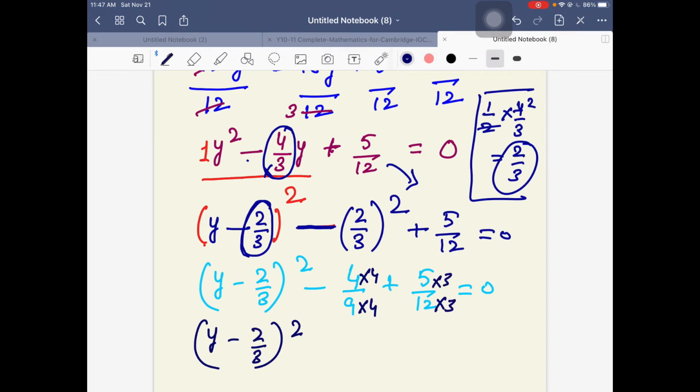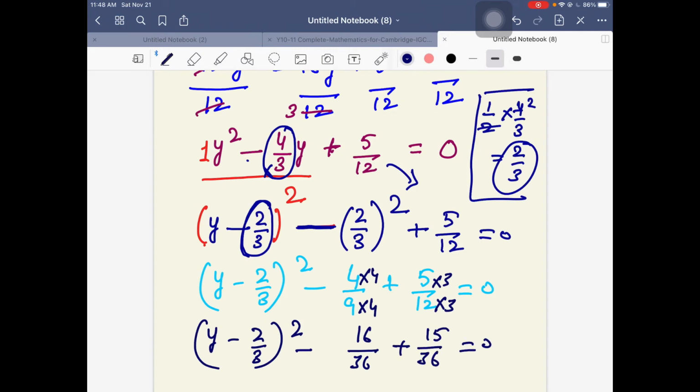So we get a minus sign, and now taking the minus out, this becomes 16 by 36 plus 15 by 36 equal to 0.